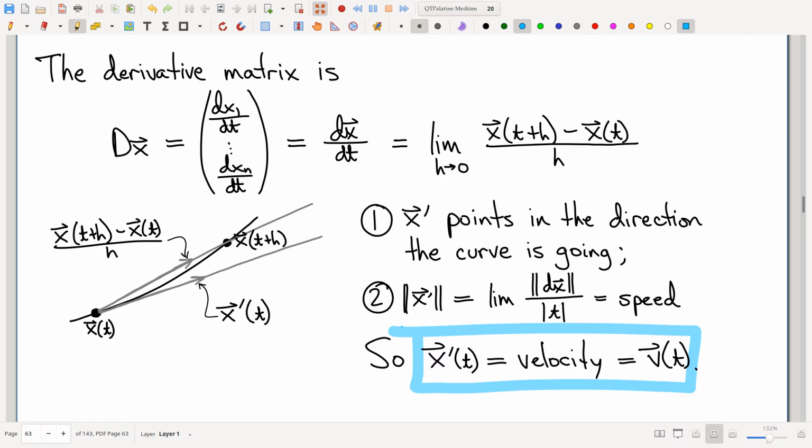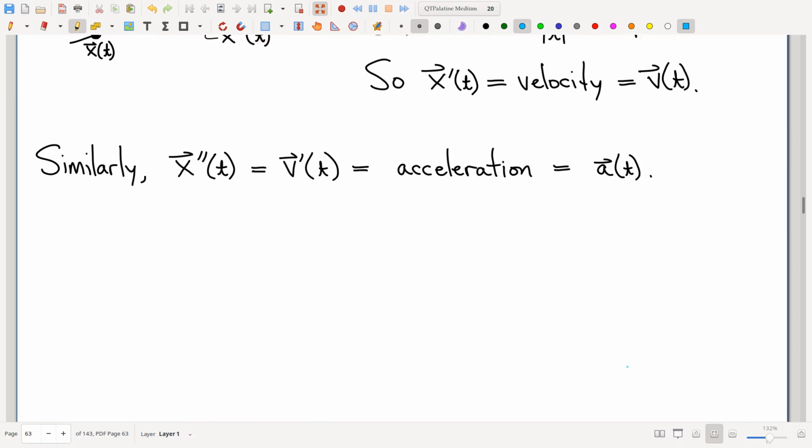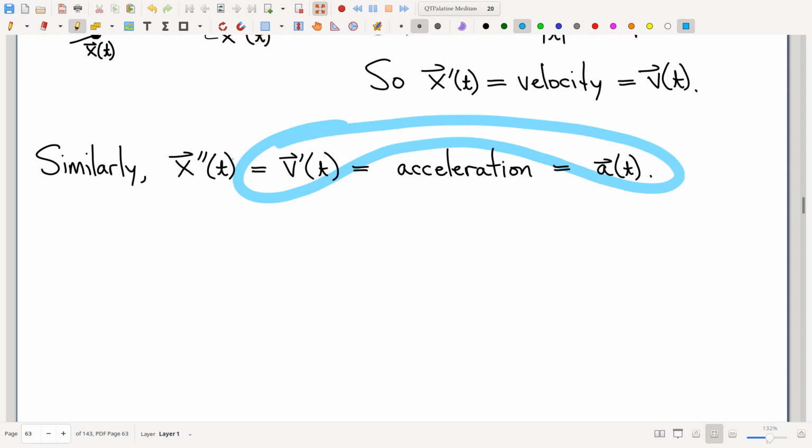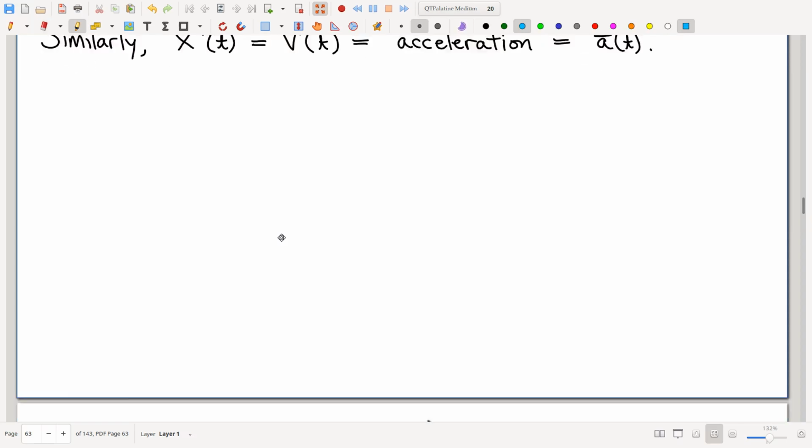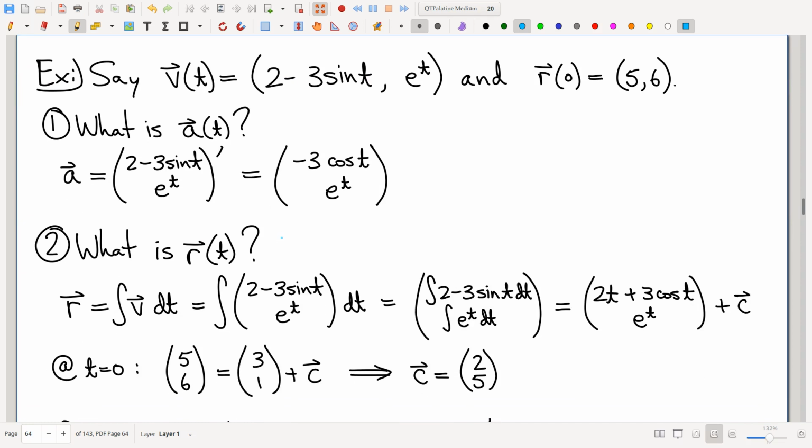Okay. And of course, y'all will probably also recall that acceleration is the derivative of velocity, likewise, and that's going to allow us to answer some questions like this.